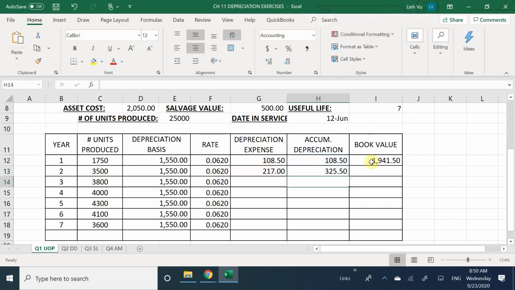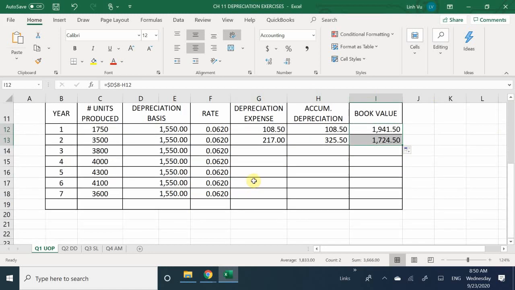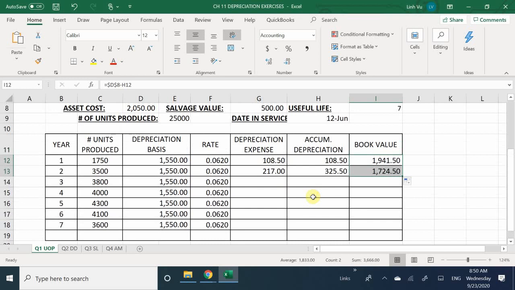And then lastly, what is my book value going to be for the second year? 1724.50. Good. Someone want to go ahead and complete the third year for me?